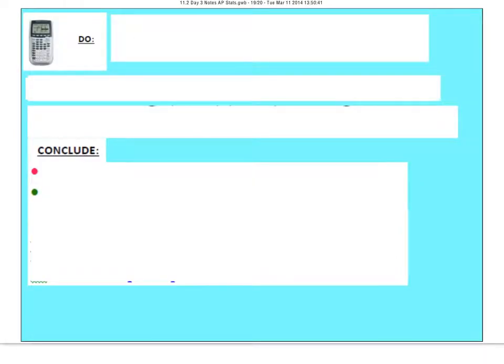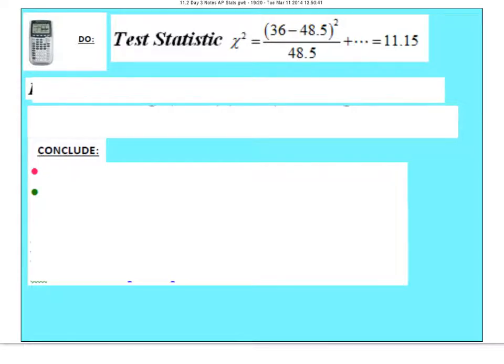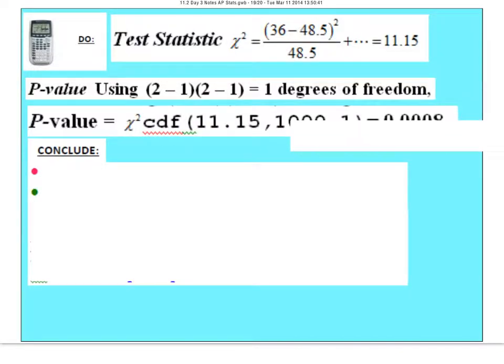For the do portion, our test statistic, which we can actually get from the calculator, is 11.15. The degrees of freedom we need to use is 2 minus 1 times 2 minus 1, so we have 1 degree of freedom. To get the p-value, we're going to do chi-squared CDF of 11.15 up to a really large number, with 1 degree of freedom.